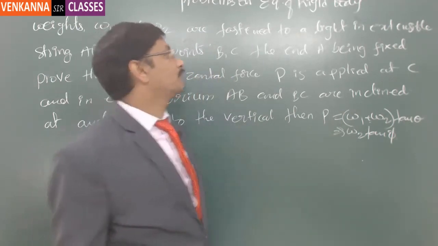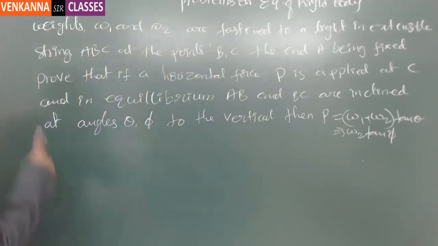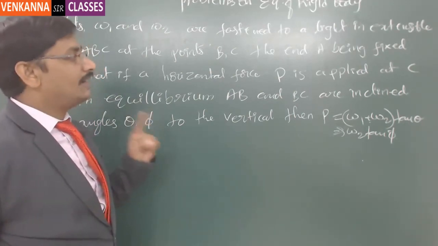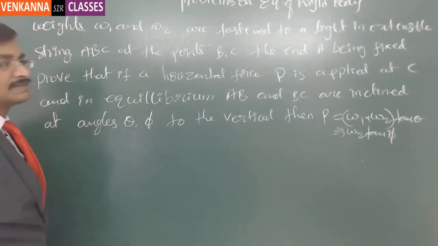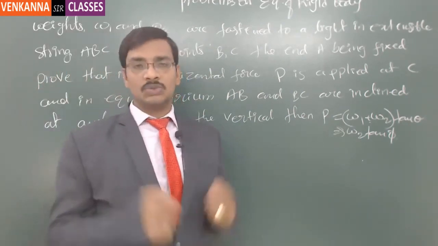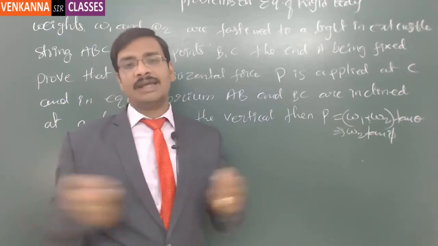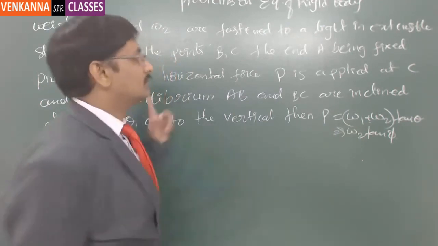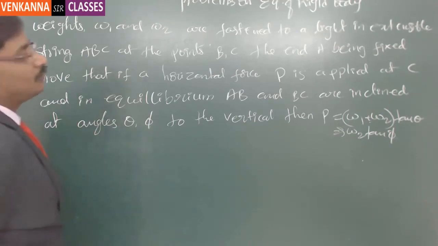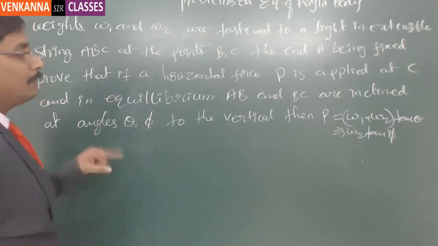Here, if you notice, the problem statement is weights W1 and W2 are fastened to a light inextensible string. Inextensible string means you cannot stretch it further. That means it is so stiff that it cannot elongate. That is the kind of string. So ABC at the points B, C, the end A being fixed.